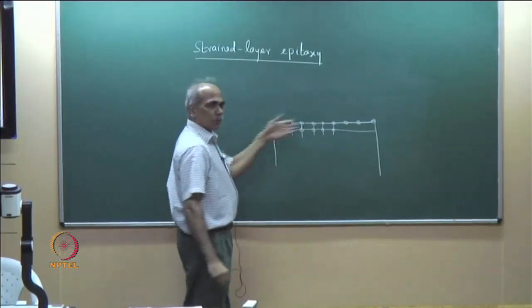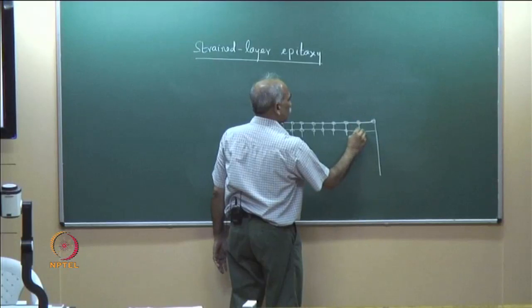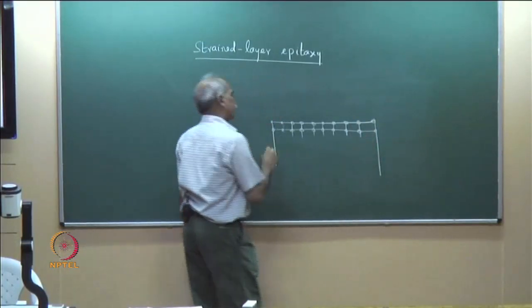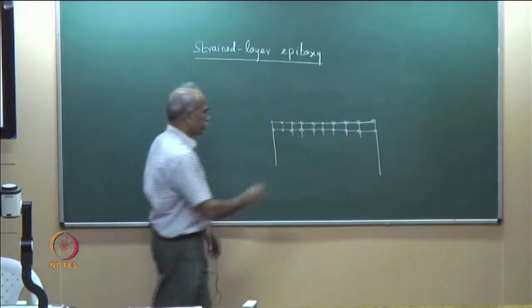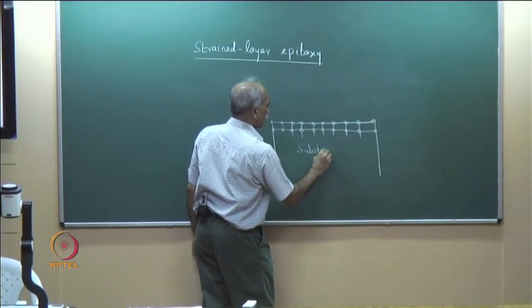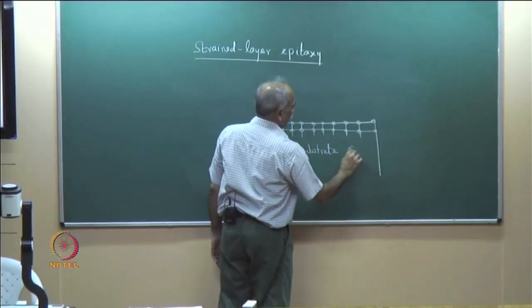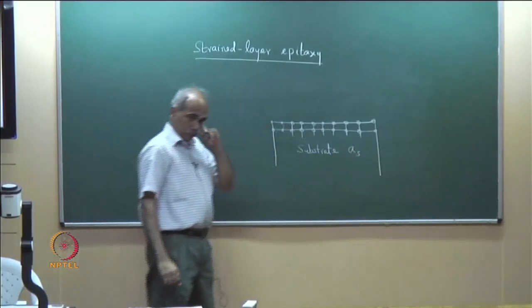So, this is the top monolayer that I am showing. This is the substrate, which is characterized by As.